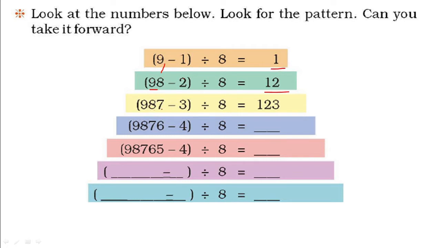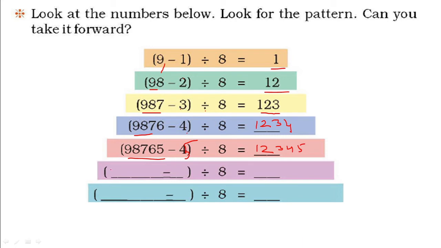So 9 8 7, reverse counting, 3 digits, minus 3 divided by 8, then 123. Now 4 digits, so minus 4, reverse digits, divide by 8, it will become 1234. Now it should be 5. 5 digits, 12345, minus 5 divided by 8 means 12345.